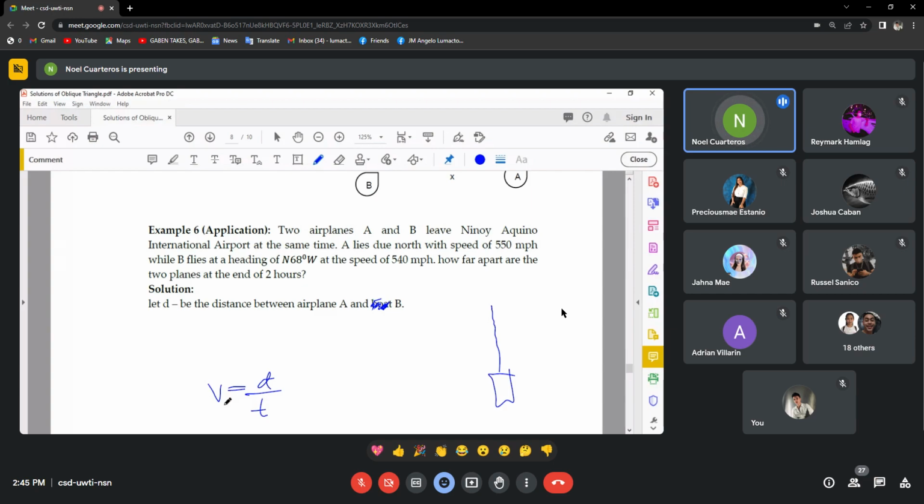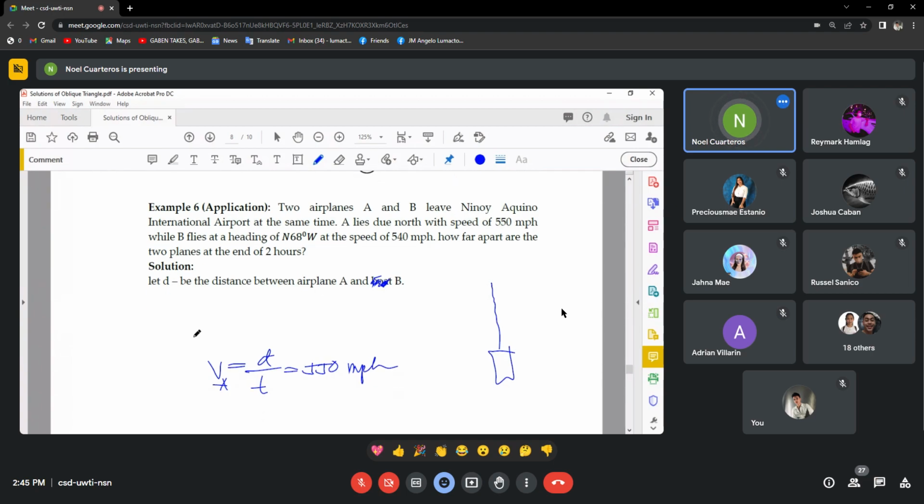So the speed of plane A is equal to 550 miles per hour. While airplane B flies northwest. North, then west, that is the direction.